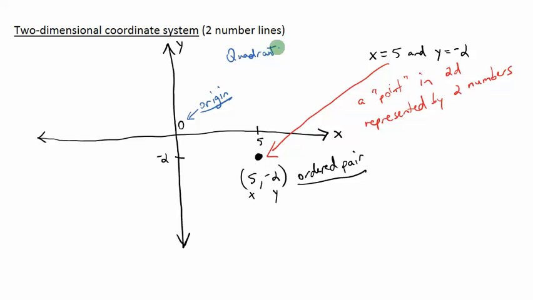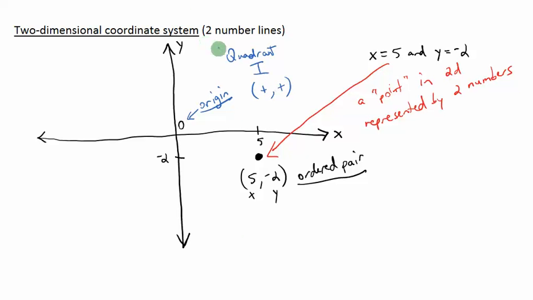The quadrants are usually labeled with Roman numerals, so quadrant 1, and every ordered pair has a positive x and a positive y. In lots of real-world graphs, we typically only deal with positive numbers, positive time, positive money, different things like that. So this is the most used quadrant.